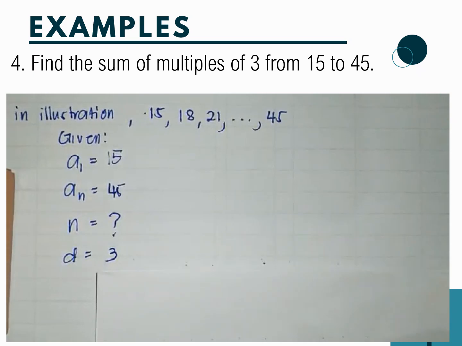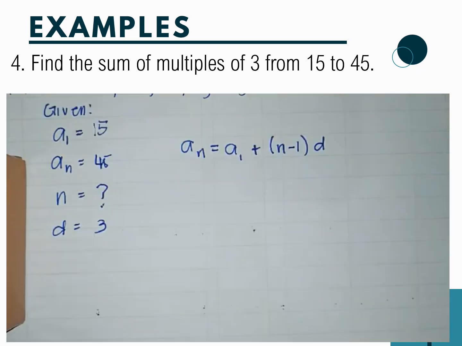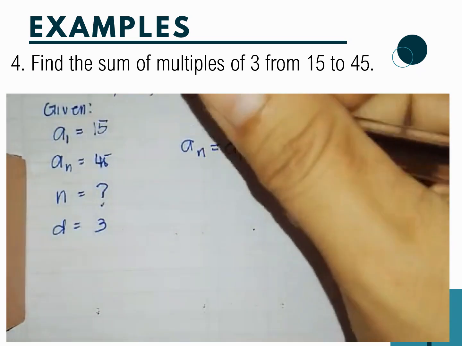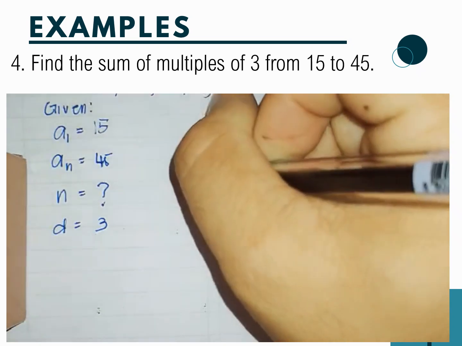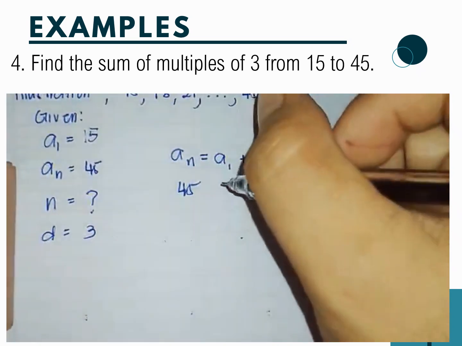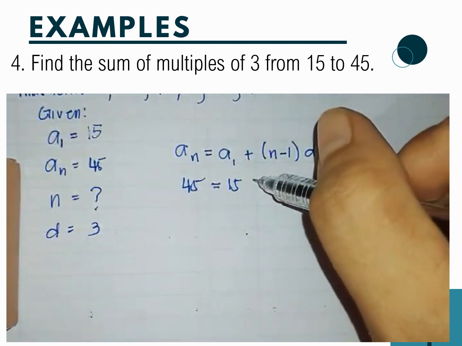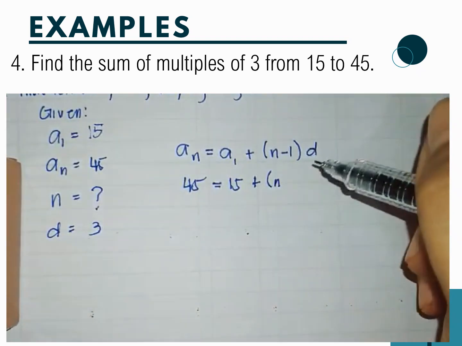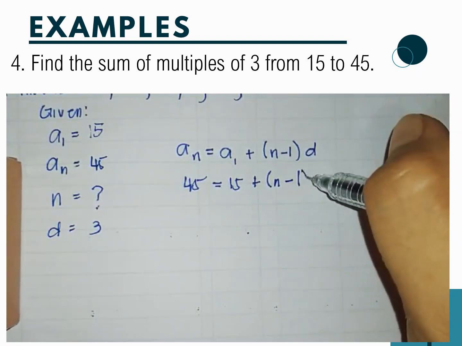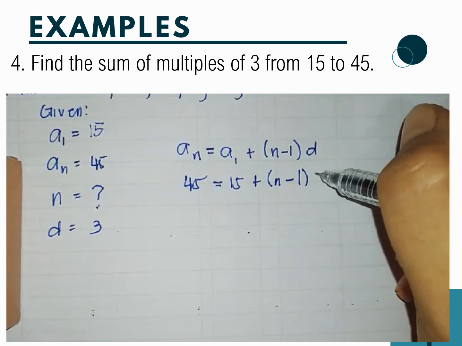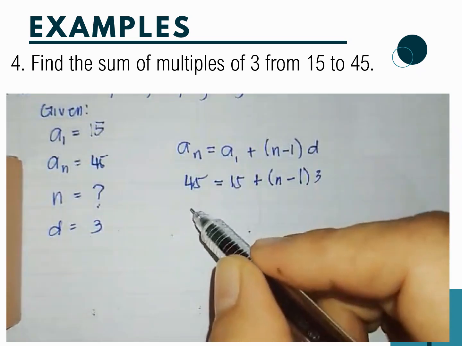Now let's solve first for n. Let us substitute. Our a sub n is 45. Our a sub 1 is 15, plus the quantity of n minus 1. The d here is 3. Now, let's continue.